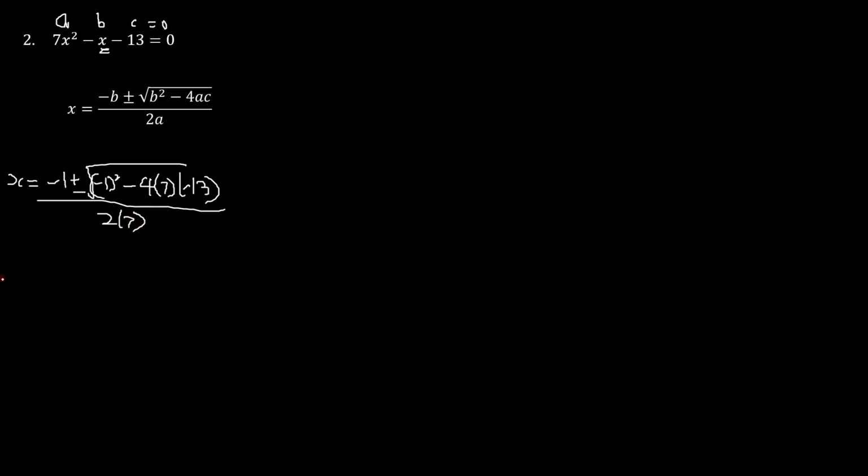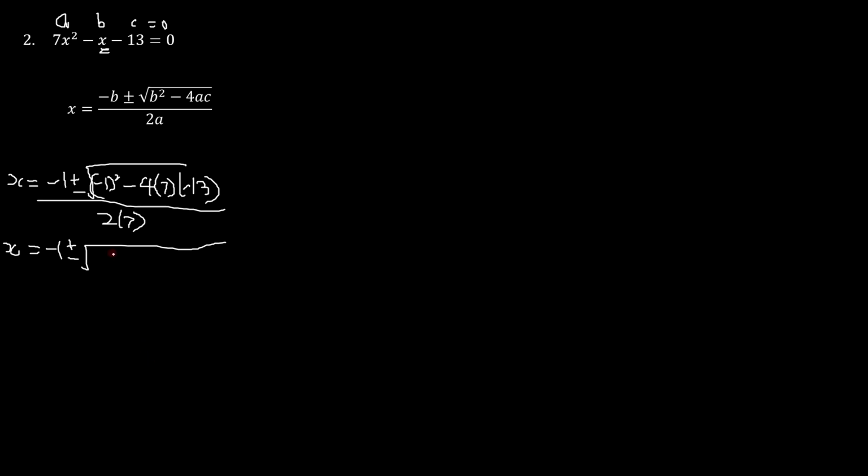So we say x is equal to minus 1 plus or minus the square root of minus 1 squared. Anything squared is that number times that number again. Like 2 squared is 2 times 2, 5 squared is 5 times 5, minus 5 squared is minus 5 times minus 5. So minus 1 squared here is minus 1 times minus 1. Anything multiplied by 1 is that number. So minus 1 times minus 1 is 1.